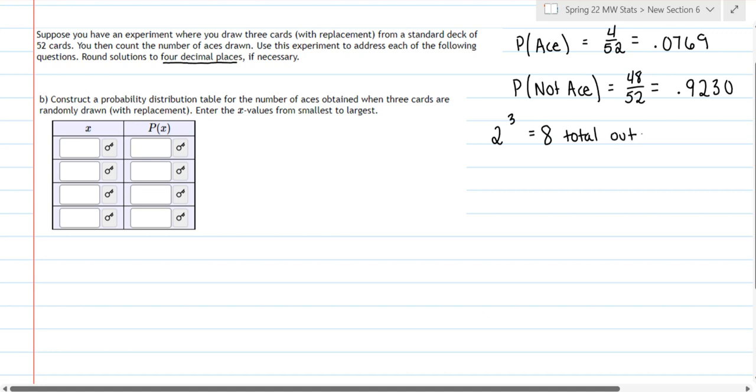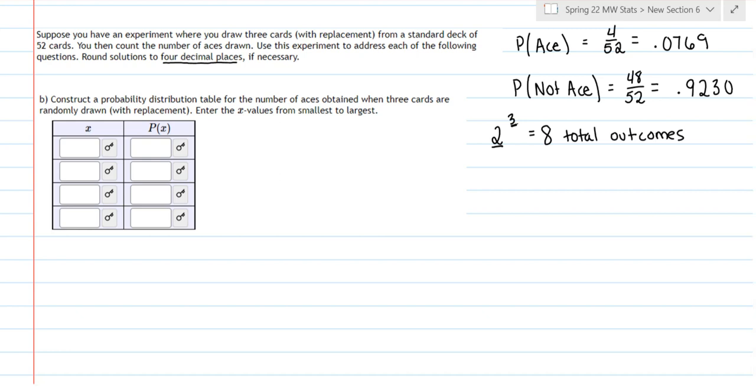Now you could do a tree diagram to list those out. So this is the number of outcomes, ace or not ace, raised to the number of experiments. So I'm drawing the card 3 times, so it's 2 to the 3rd. If I was drawing the card 4 times, 2 to the 4th, etc. Okay, so 8 total outcomes.